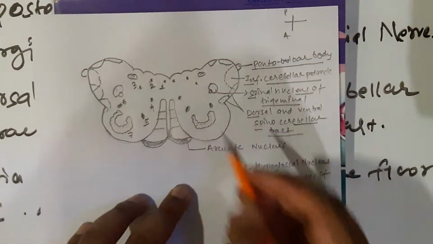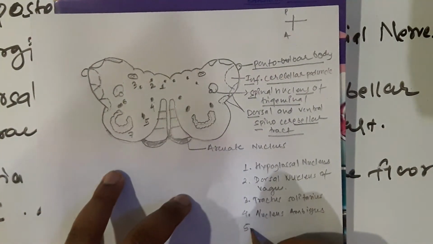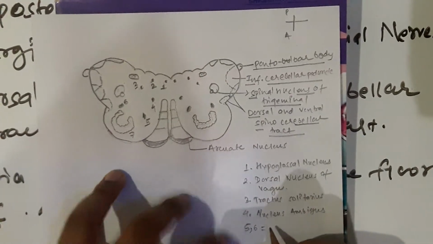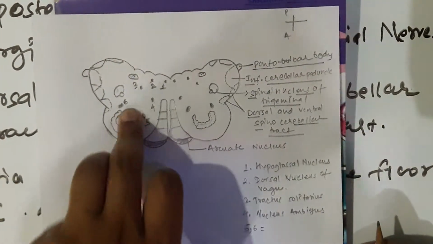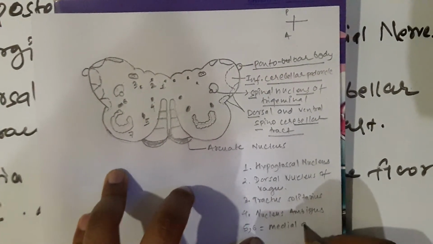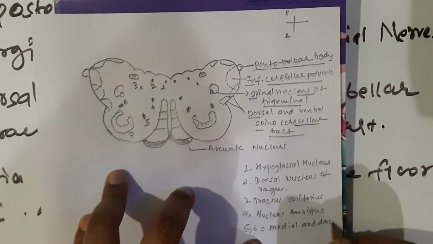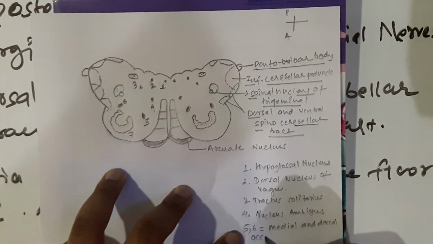So the fifth and sixth ones are, 5 is medial, 6 is dorsal, medial and dorsal respectively. They are the accessory olivary nuclei.